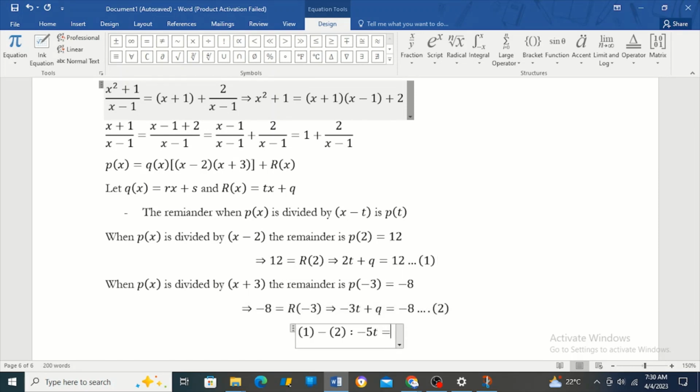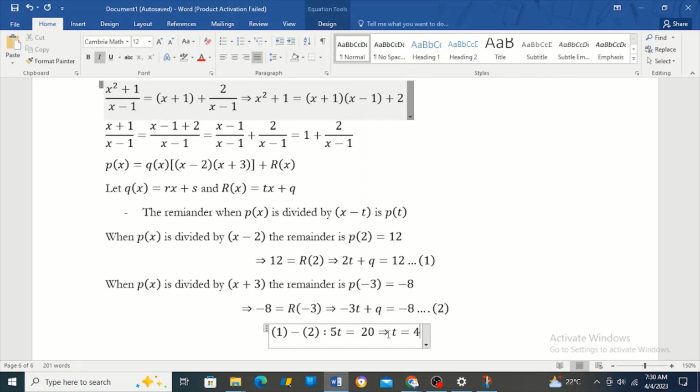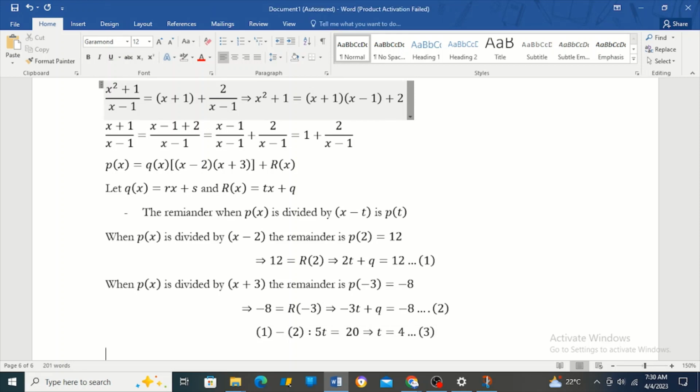So 5t equal to 20. We can divide both sides by 5, and we get our t to be equal to 4. Now we can call this equation 3.